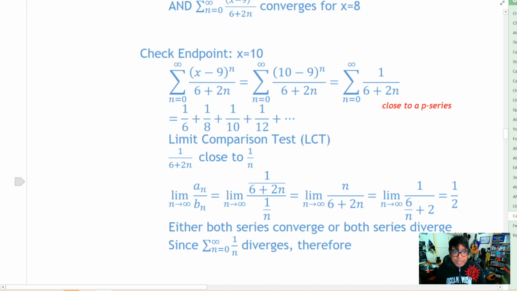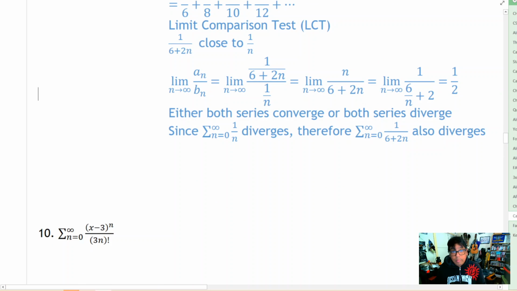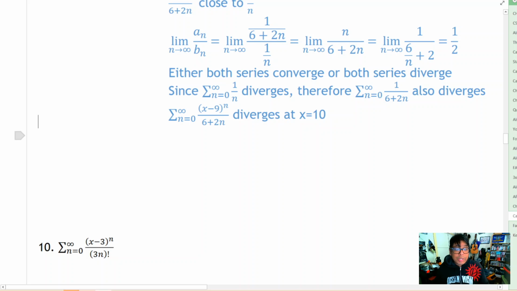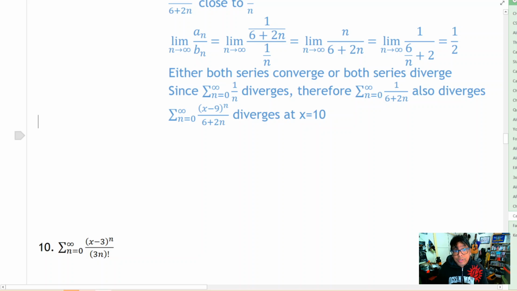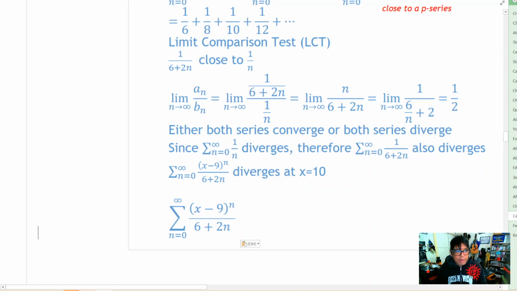So that means our series 1 over 6 plus 2n also diverges. And of course, our original series will then also diverge when x equals 10. So now we're ready for our conclusion.